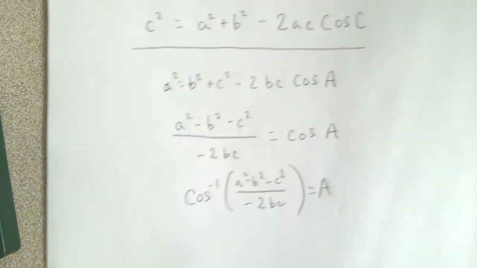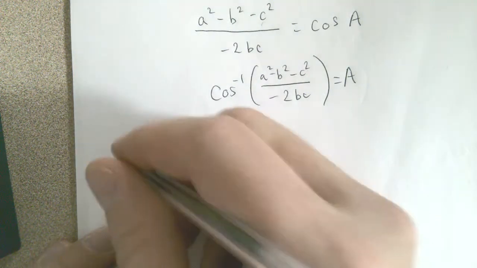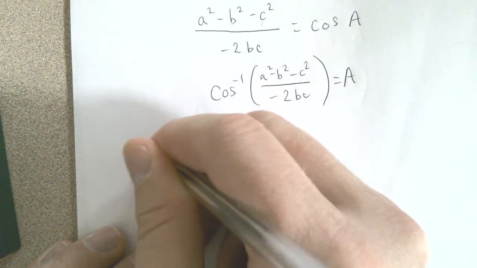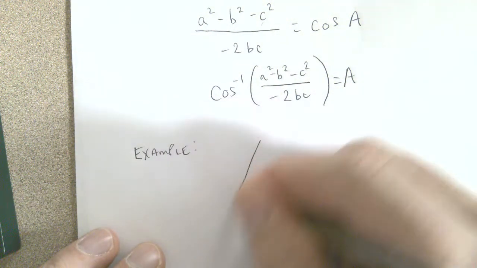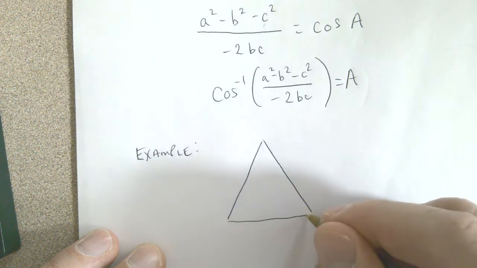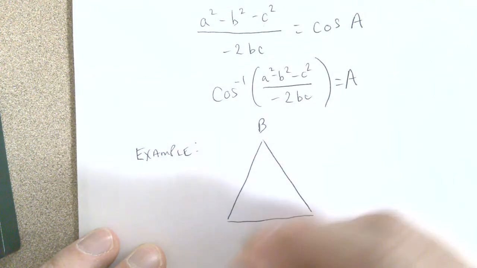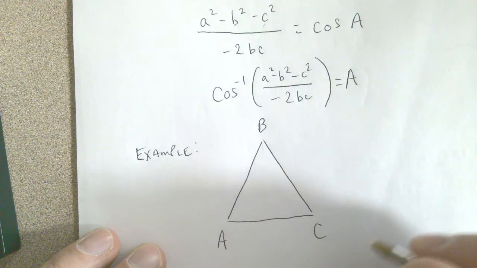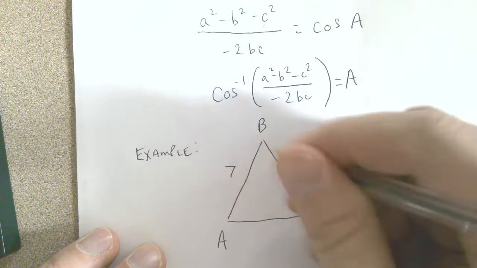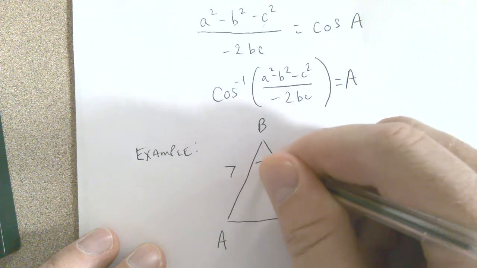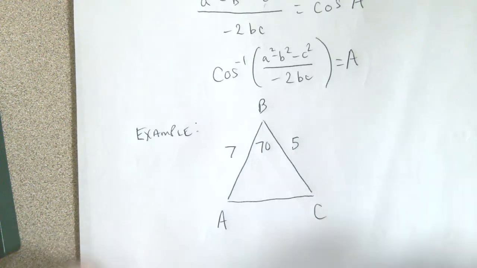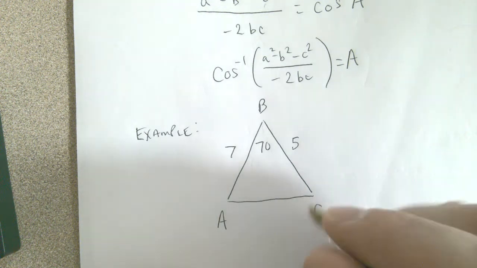Let's say I have the following triangle, and we've got B, A, C, little c is 7, little a is 5, and B is 70 degrees. Let's say here we just want to find the value of b.